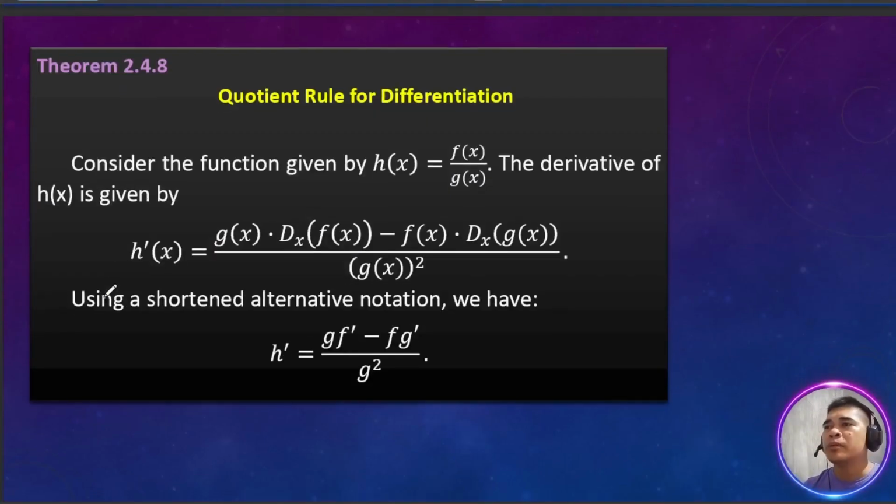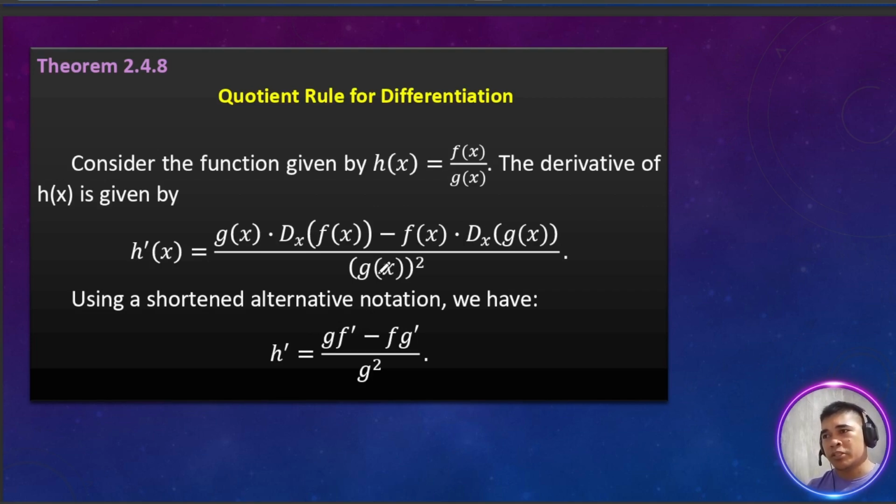Next theorem, we have the quotient rule for differentiation. So consider the function given by h of x is equal to f of x over g of x. The derivative of h of x is given by g of x, so una gisuwat ang denominator, times the derivative of the numerator, minus f of x, the numerator, times the derivative of the denominator, all over the square of g of x.